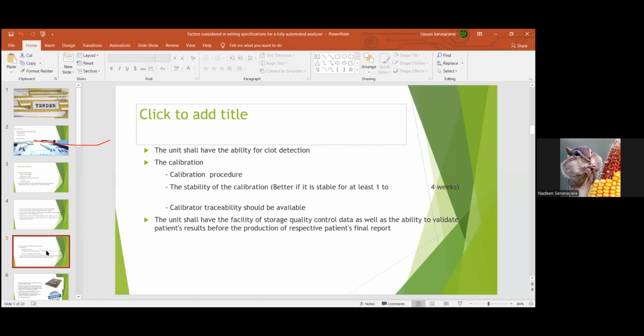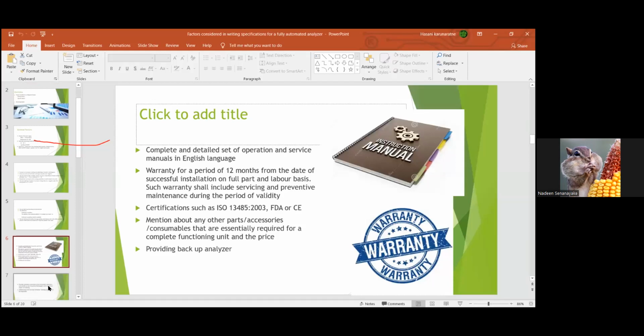So stability of the calibration should be at least 1 to 4 weeks, and calibration traceability should be available. And the unit should have the facility for storage of quality control data, as well as the ability to validate patients' results before production of the respective patient's final report. That is for the accuracy and the precision of the patient's data.